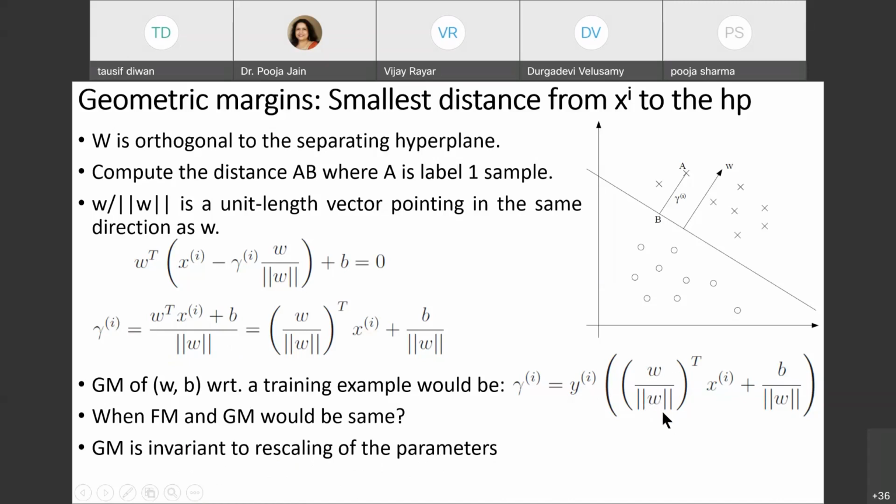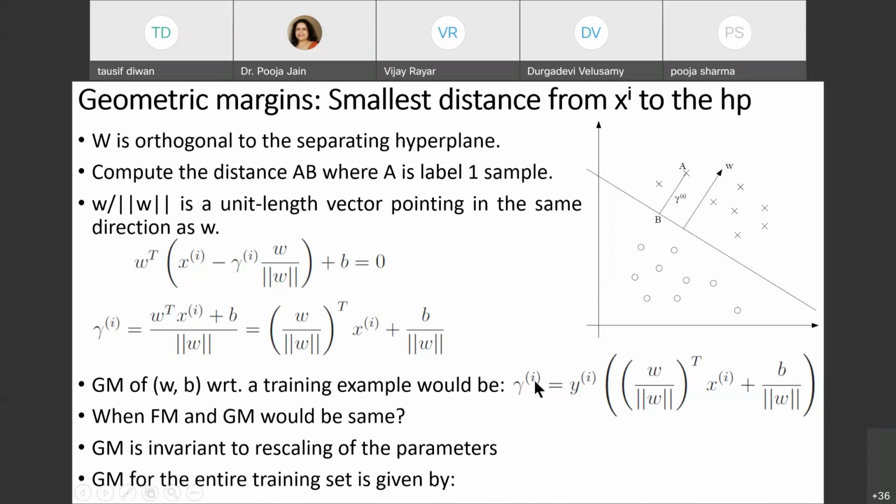In the denominator, the norm of W is there, so it will just compensate for that. This rescaling is not possible over here. If you write W as 10W and B as 10B, the value of this gamma i is not going to change. That's why we say that the geometric margin is invariant to rescaling of the parameters.